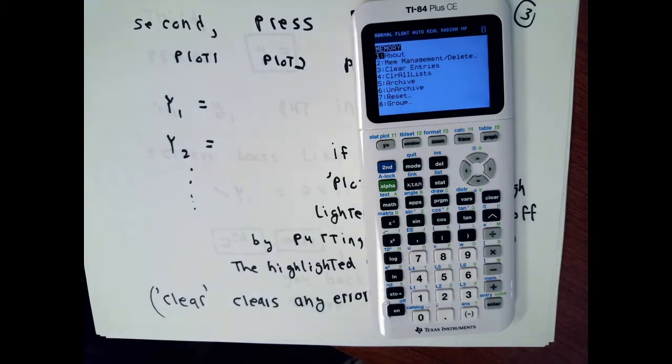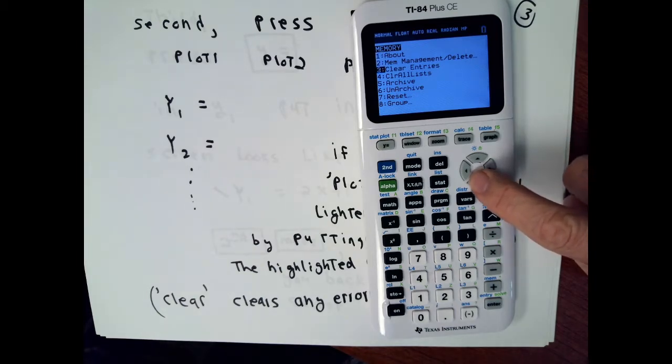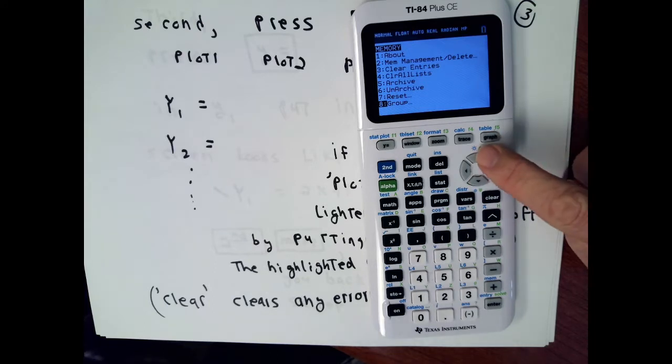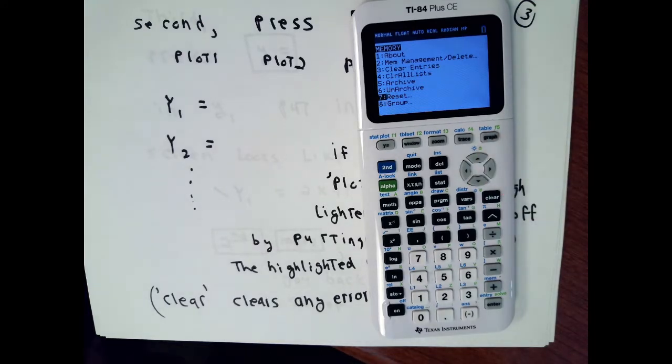This puts us into the memory menu. Depending on which version of the calculator you have, it may look different from this, but one of your choices is reset. Now, if you have any games or data or anything, if you reset, you'll lose them.